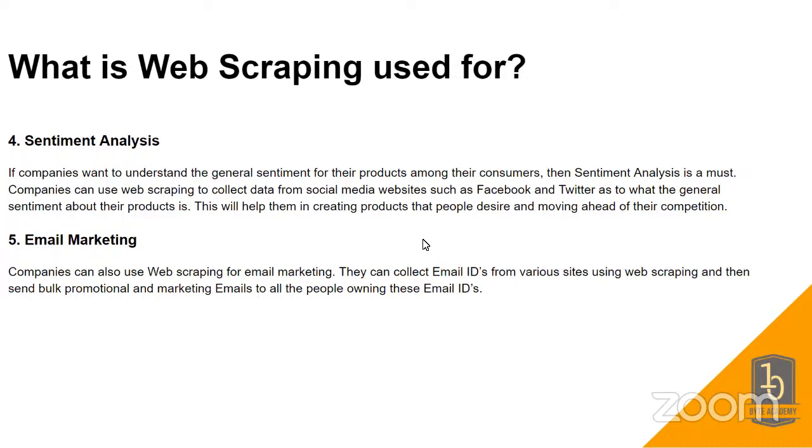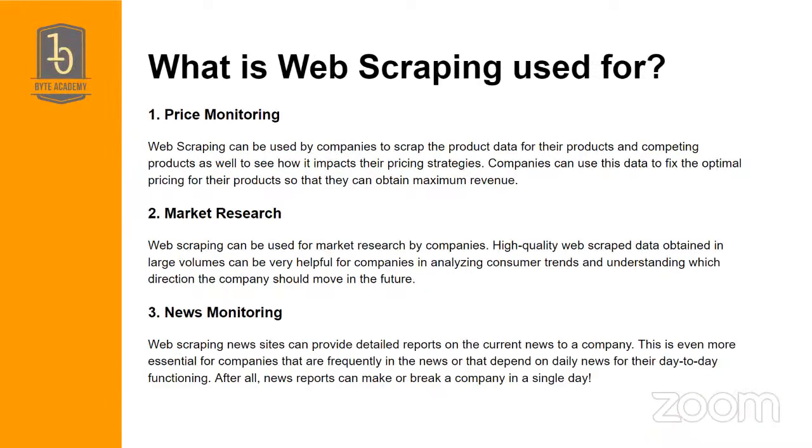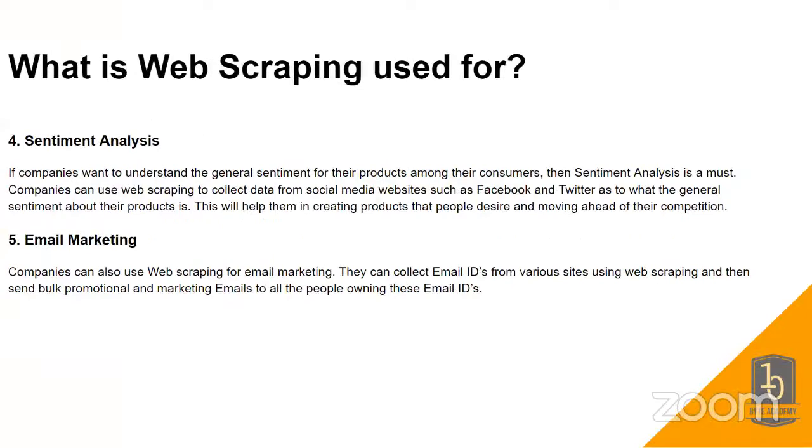There are many other use cases, but in general, in all these five: price monitoring, market research, news monitoring, sentiment analysis, or email marketing, the core of web scraping is that you go to a website, you get some data in unstructured or structured format, and then you save it. That is the core of web scraping.